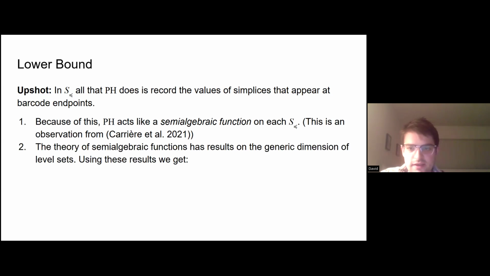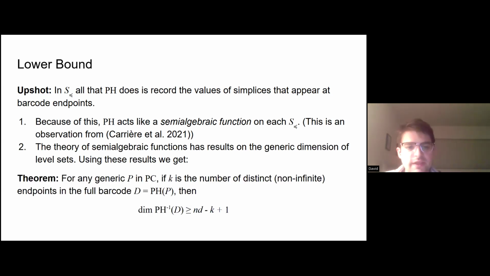Using results about the generic dimension of level sets of these functions, you can get pretty easily that for any generic point cloud in point cloud space, if k is the number of distinct non-infinite endpoints in the full barcode D, then the dimension of the level set at D is going to be greater than or equal to nd minus k plus 1.